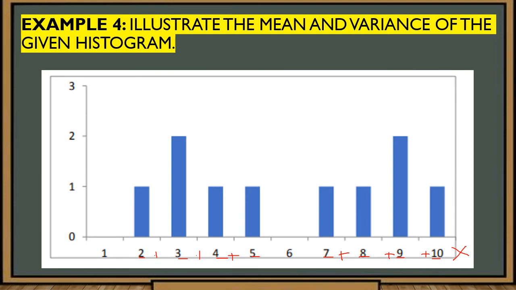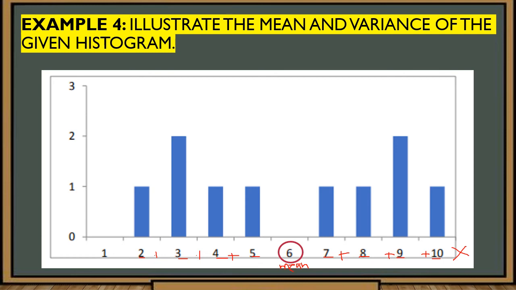Since we have 8 values here, the average is 6. And it can be found in the middle. So this is our mean. Observe that it is also clear that it can be found in the center of the given values of x.